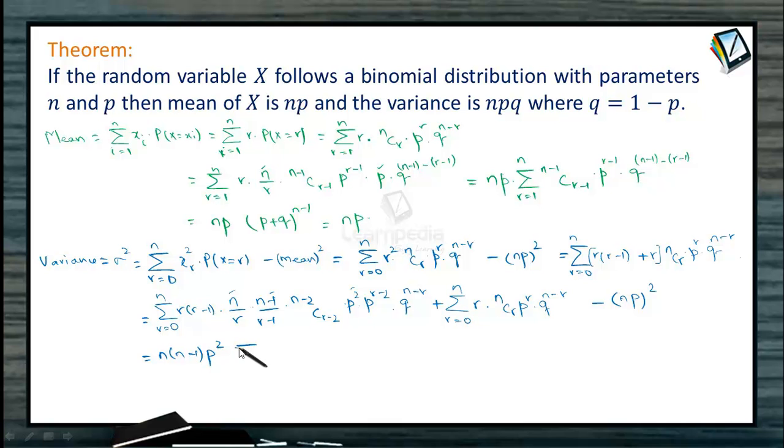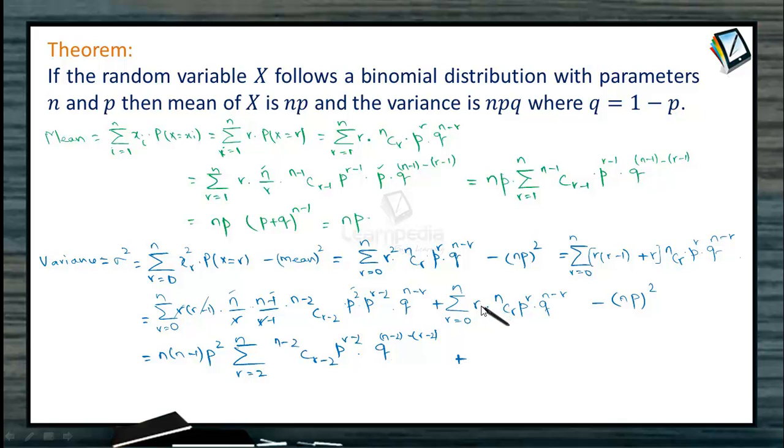Look at the remaining terms. As we have r and r minus 1 they get cancelled. Now the summation starts from n minus 2 Cr minus 2, so let us begin the summation with r equal to 2 to n. Yes, n minus 2 Cr minus 2, p to the power of r minus 2 into q to the power of n minus 2 minus of r minus 2. This is the same as q to the power of n minus r.